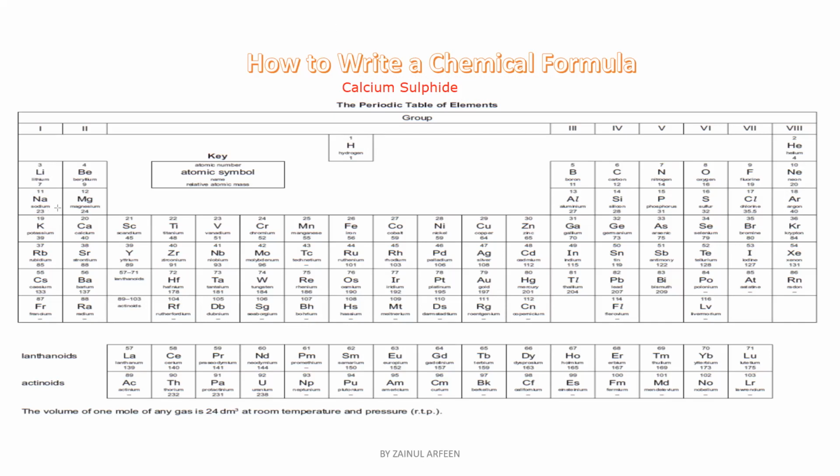So I want to write a chemical formula for calcium sulfide, and calcium and sulfur are there. What will be the chemical formula for calcium sulfide? Calcium is +2. Sulfur is -2.